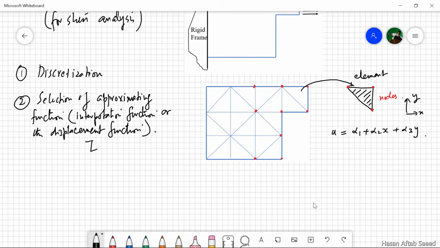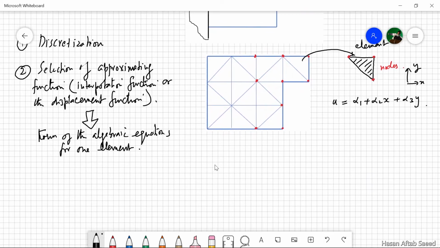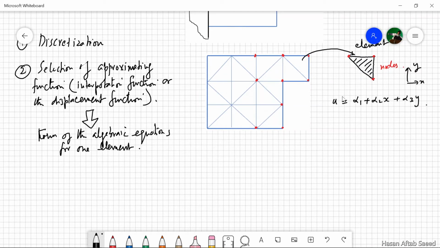Now, this leads to the form of the algebraic equations for one element, and because we are talking about a generic element, this form will remain the same for all other elements. Now, this is the second step.